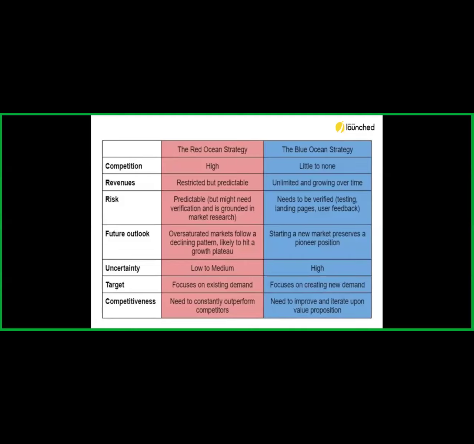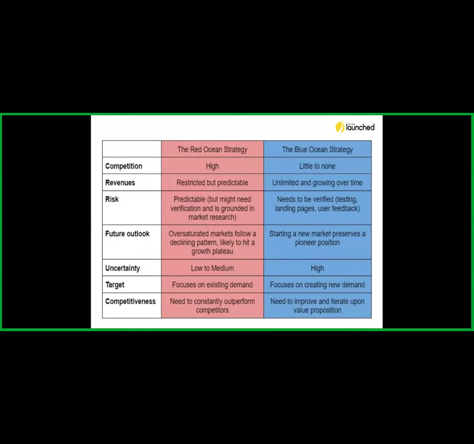So when we talk about red ocean strategy, any organization implementing it, we can interpret that in that particular sector in which the organization is working, competition is very high. So red ocean strategy, competition is high.